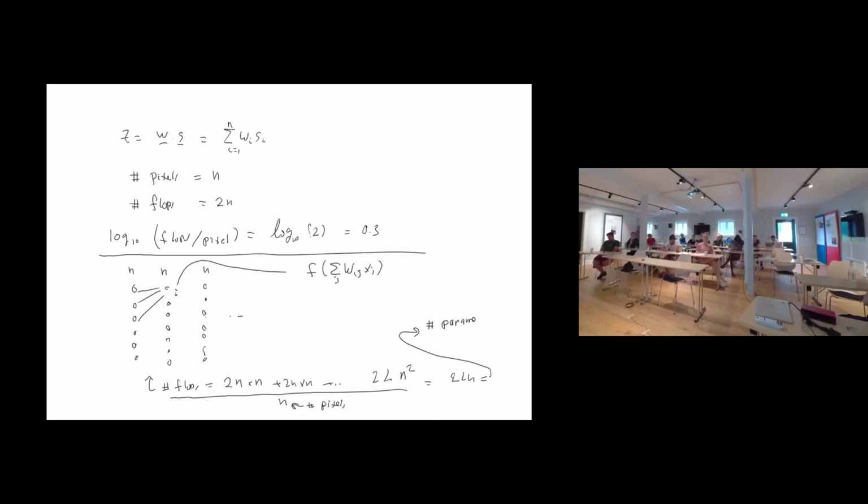It's basically 2 times L times N squared. That's the number of flops. We divide that by N, the number of pixels, and we get 2LN, which equals the number of parameters, the number of units.